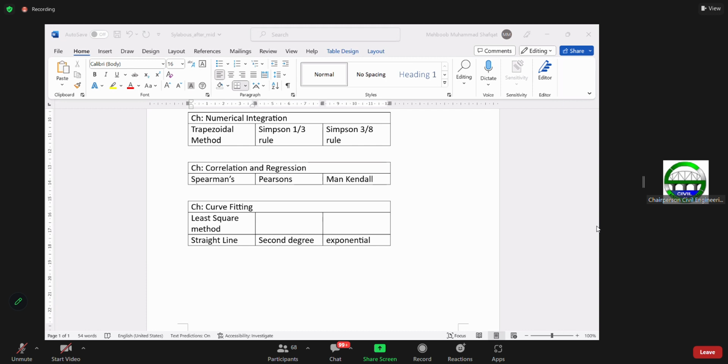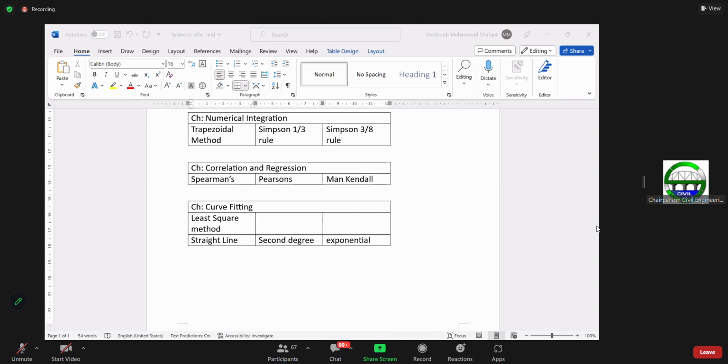But what did we talk about? Do you know the topic of that chapter? I think we talked about numerical integration.